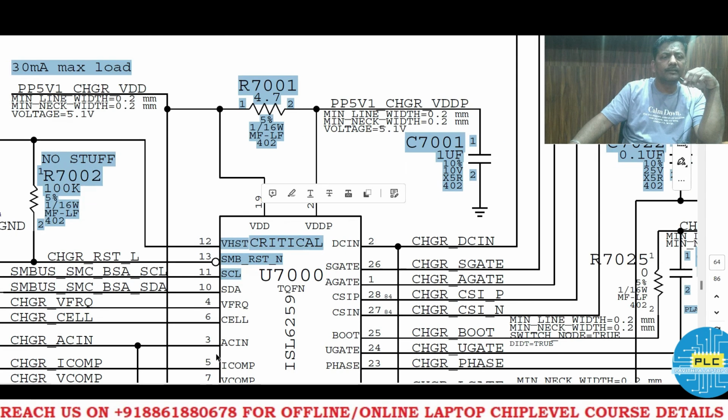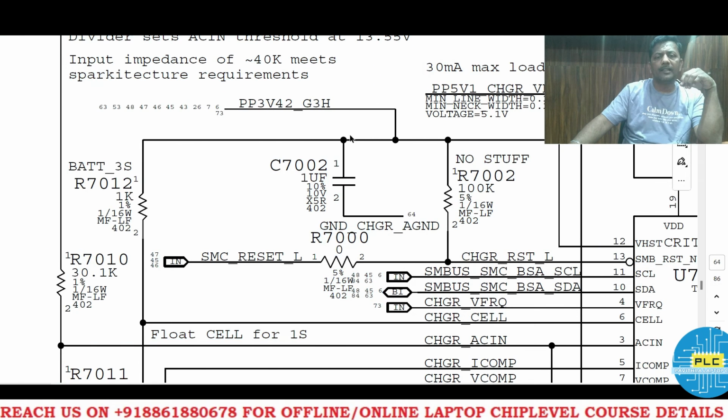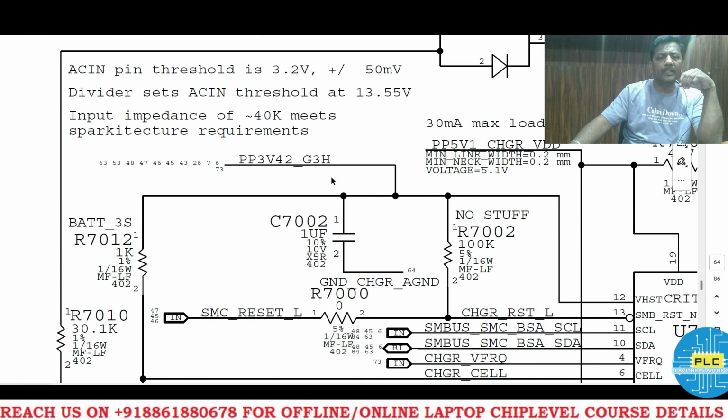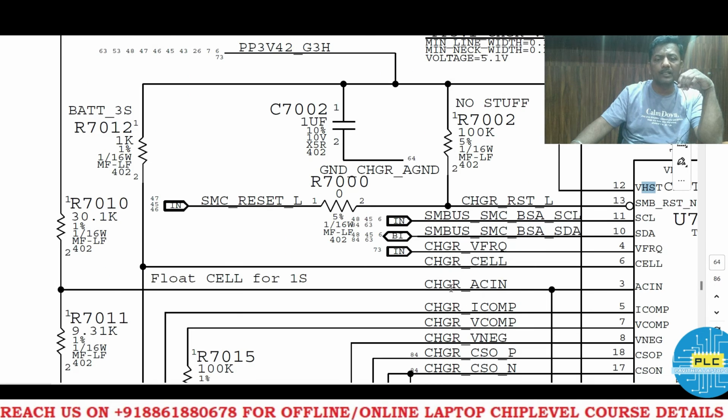This one. See here. PP3V, that hot voltage is there now, PP3V42, that one is given as an input for this VHST, and the same input is given as a voltage divider to the CELL, charge cell.